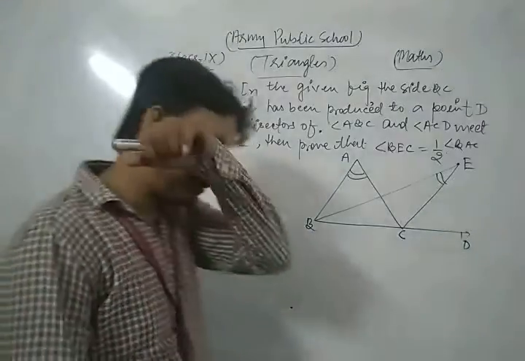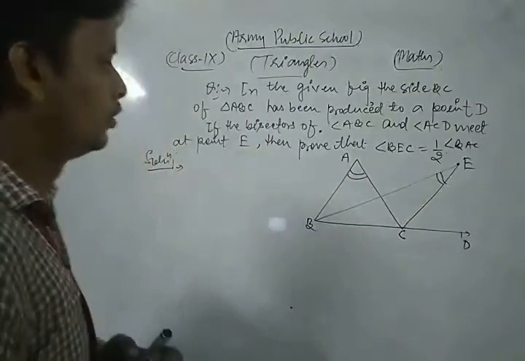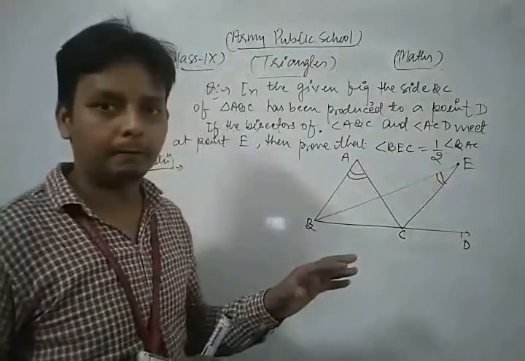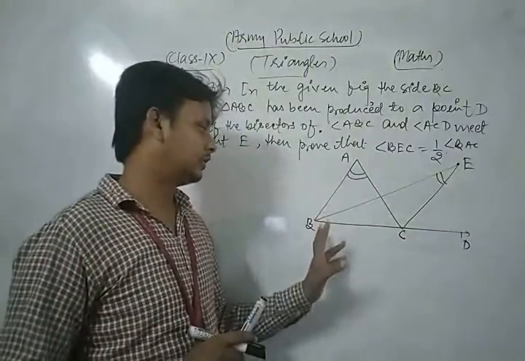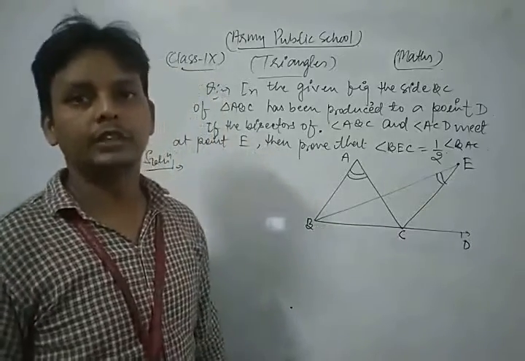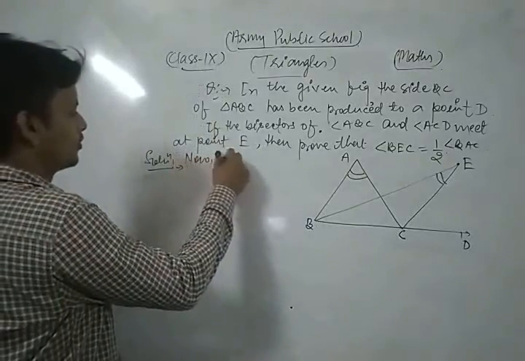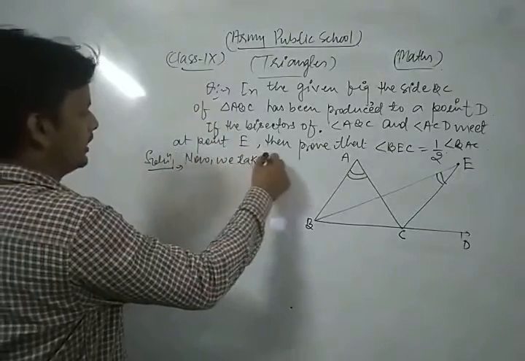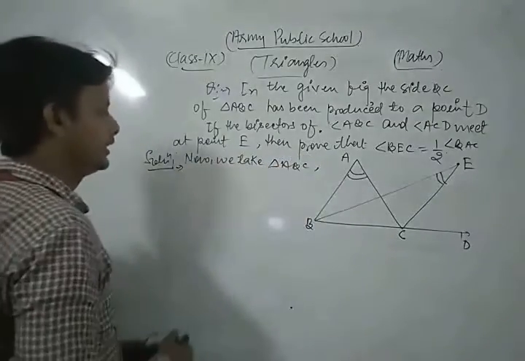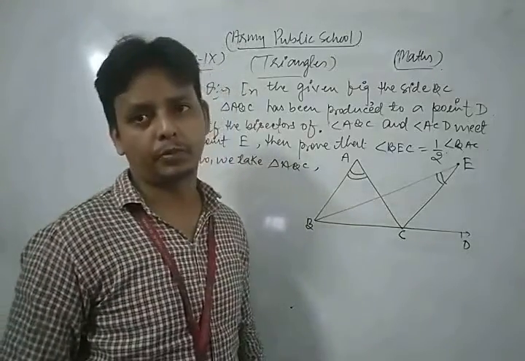Dear students, this is a very important question related to your chapter. Look, first of all, for solving this question, we take triangle ABC and we apply the exterior angle property.